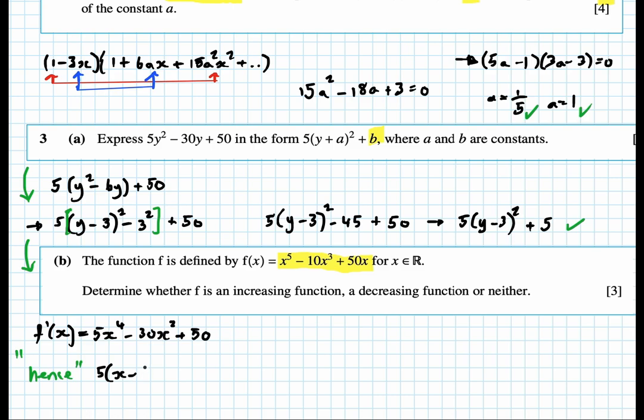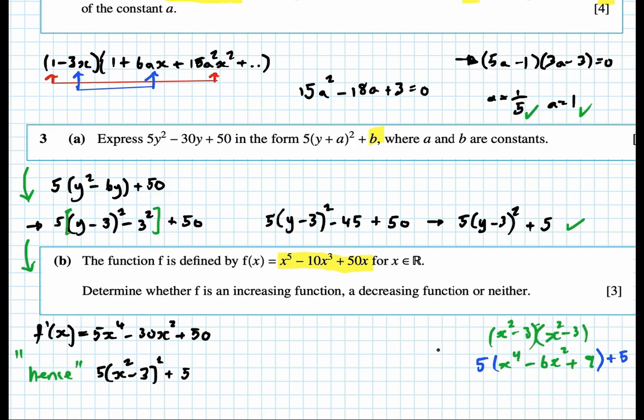So we'll have 5 bracket x squared minus 3 close bracket squared plus 5, which is very similar, but not the same to our original answer in 3a. But just looking at this here, if you multiply out using your FOIL method or whatever, double brackets, you'll see that that would be the same thing.